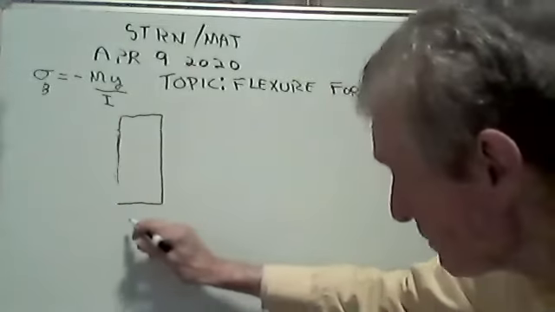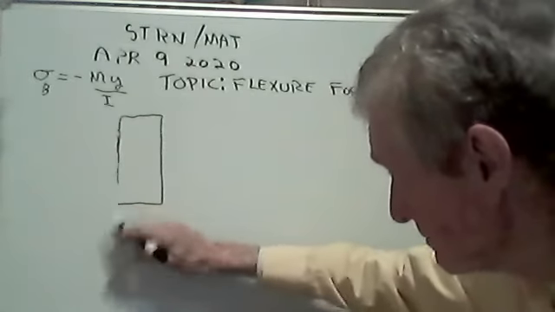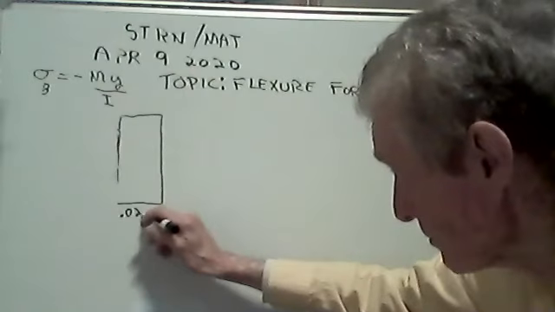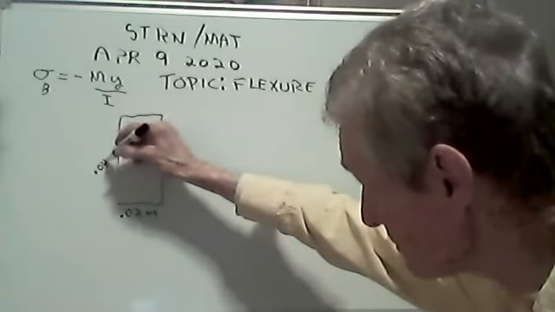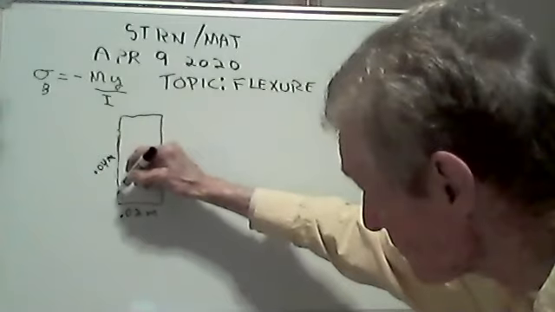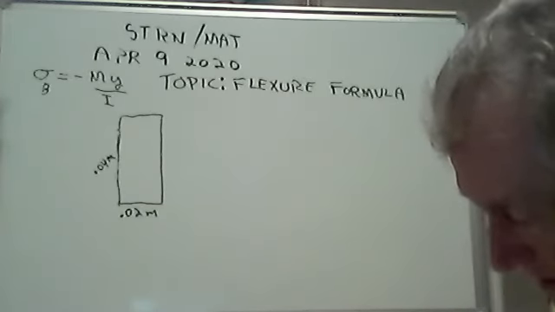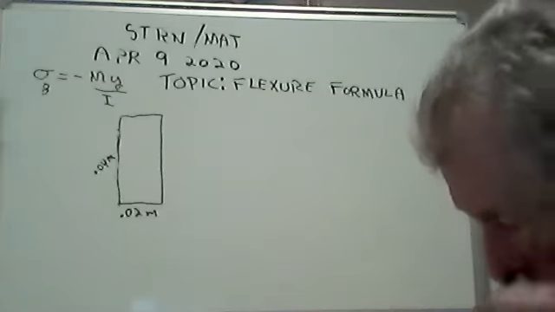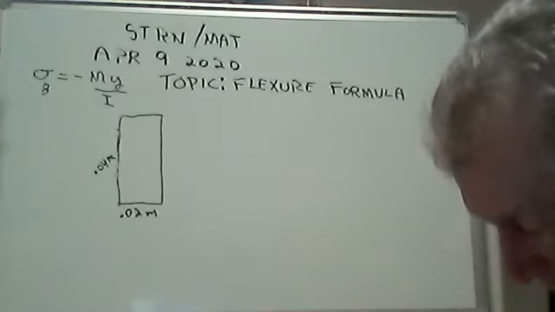It's 0.02 meters by 0.04 meters. So it's sort of a 2x4, isn't it? And what am I going to do with it? Well, let's put a bending moment on it.